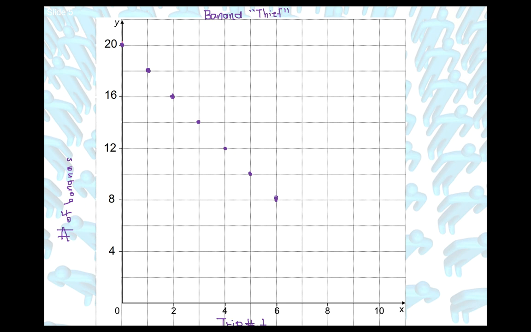So here's how I would do it. What best models the graph here? A line of best fit. So the line of best fit would just keep going down, straight down like this.